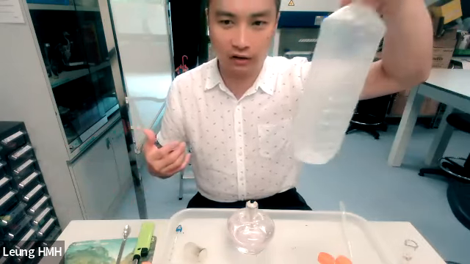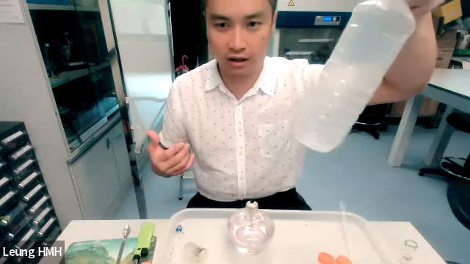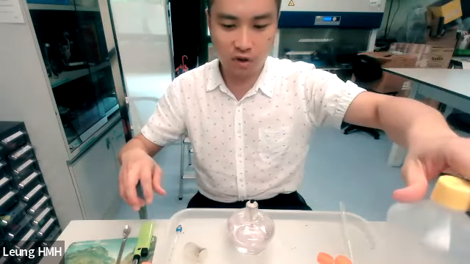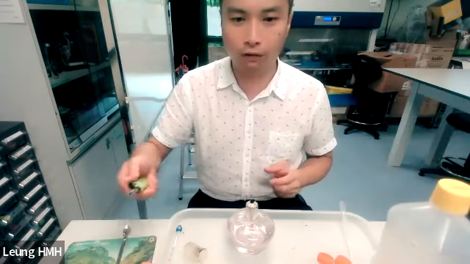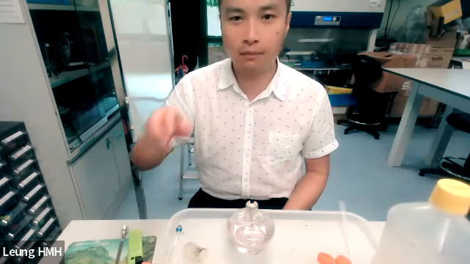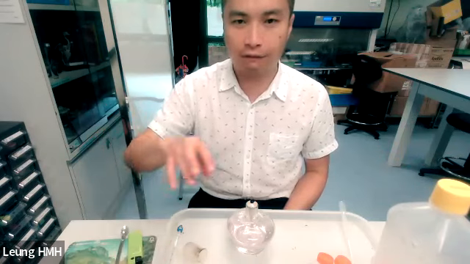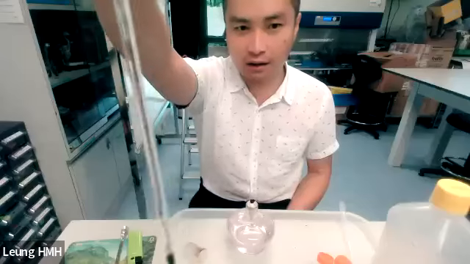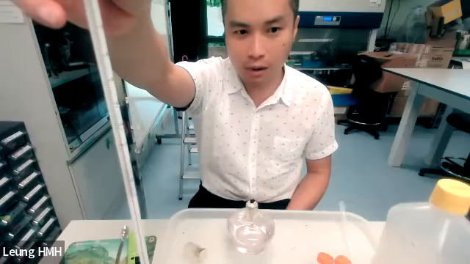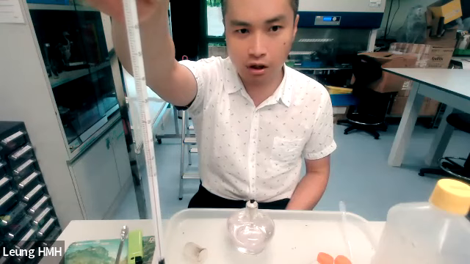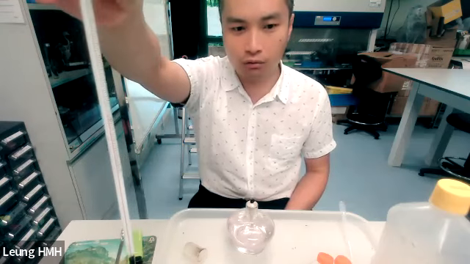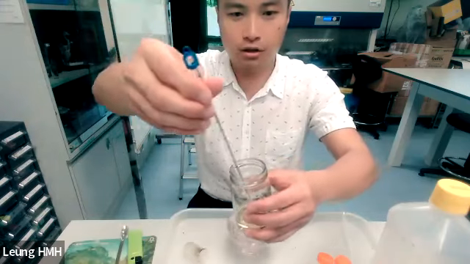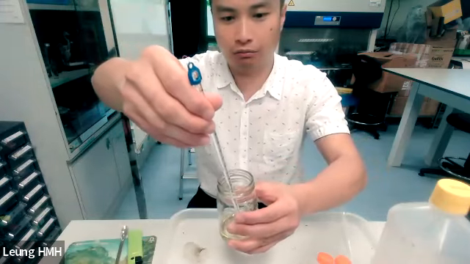So we have the container here, right? And we try to heat up the oil first. The temperature is around 50. So we try to use a thermometer to measure the temperature of the oil.